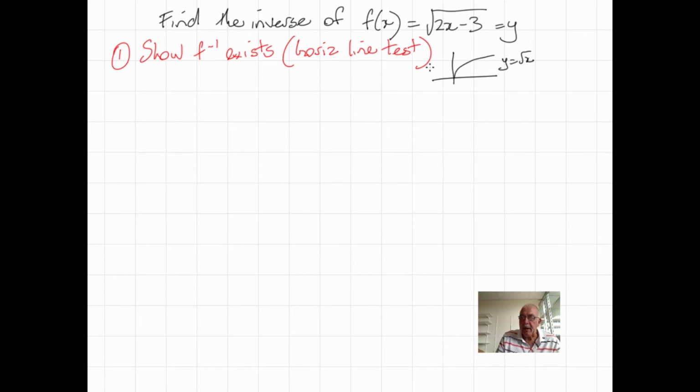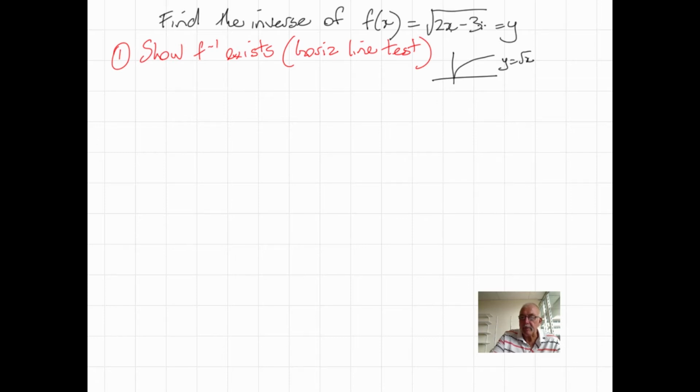Looking at the domain, possible values of x, we don't want this square root to be negative. So if x is anything less than 1.5, that is going to be negative, and so the function's not defined for x less than 1.5.